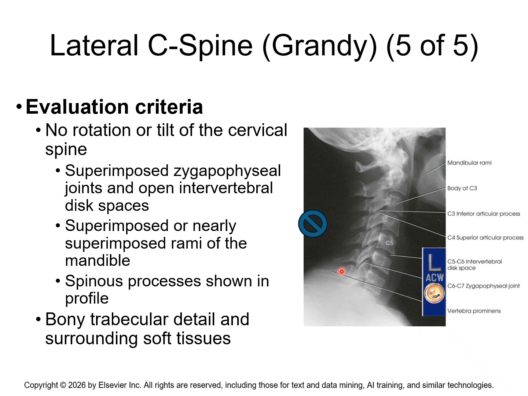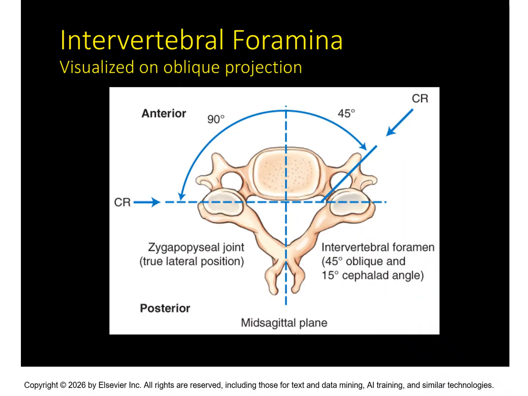Now, there's other routine projections, which are obliques. Okay, so again, on the lateral C-spine, I'm looking for zygapophyseal joints. On the obliques of the C-spine, I'm going to be looking for intervertebral foramina.